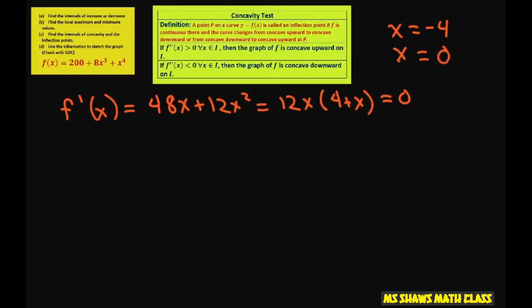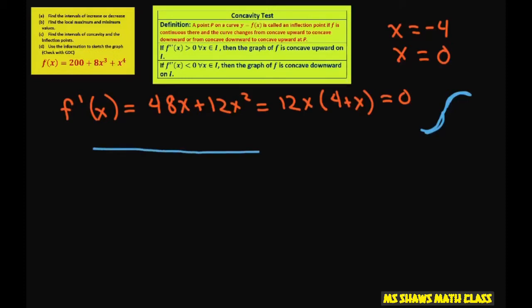Now in the second derivative test, you're testing for concavity, not testing intervals for increasing, decreasing. We're testing if it's concave up. So this is like a concave up. This is like a concave down because it's going kind of downish like that. So let's do a number line here.